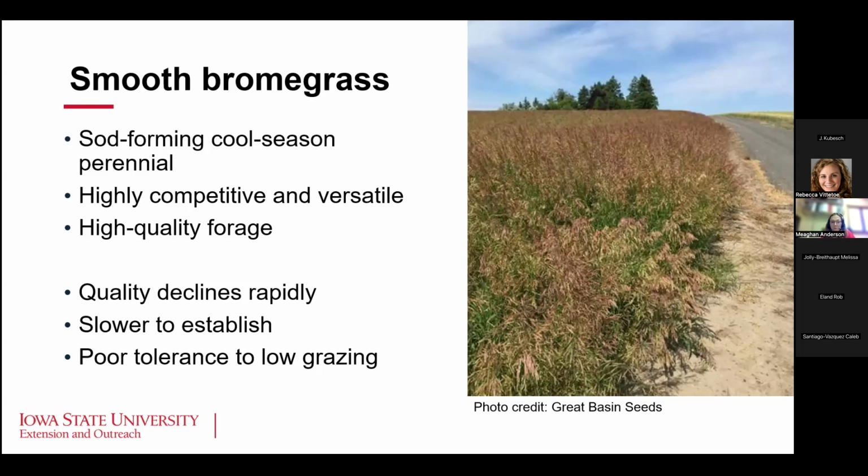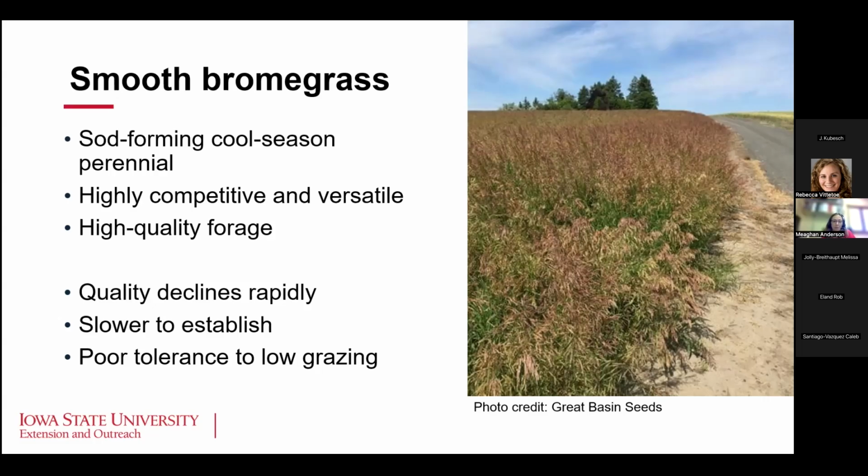It can be very versatile. It's got strong drought tolerance because it produces a really deep root system. It's got really good winter hardiness. Obviously, we don't have road ditches that are dying out of their smooth brome grass every year, and smooth brome grass can be used for a wide variety of purposes. It also does well mixed with legumes.